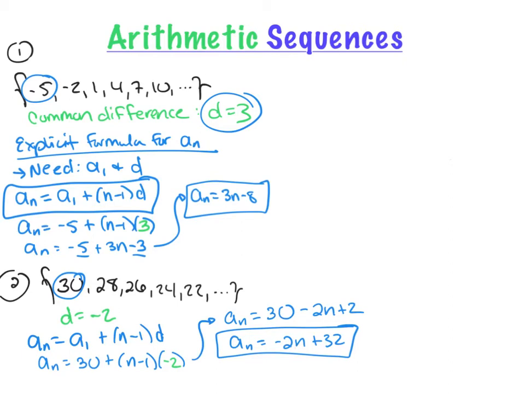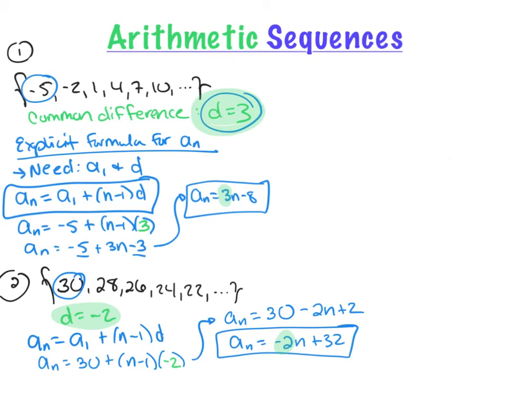The second thing I want to point out is the slope of that equation. The 3 for the first problem and the negative 2 for the second problem, no coincidence, it comes from your common difference. So the common difference will always be the slope of that linear formula. What is a little bit more difficult to figure out is what the plus b part is, and that's why you need the rest of this formula. So that's one really neat thing that I want to point out.